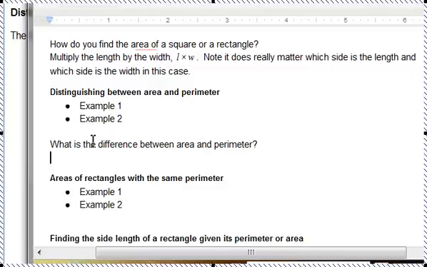I know that we talked about this one already, but I want you to make sure that you understand that there is a difference. And what is that difference? What is the area measuring? Good.